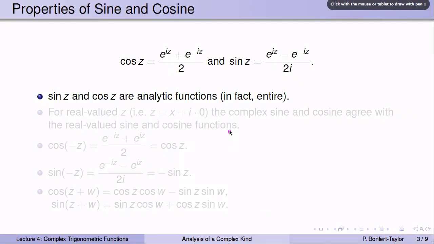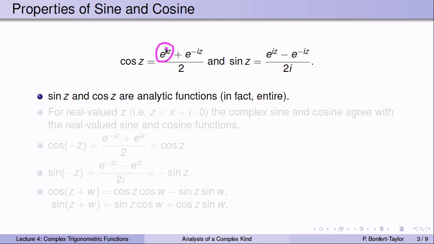Let's next learn about some properties of the complex cosine and sine functions. In particular, we want to compare those properties that we already know from real-valued analysis to those that we can find for the complex equivalents. First of all, sine z and cosine z are analytic functions because the exponential function is an analytic function.